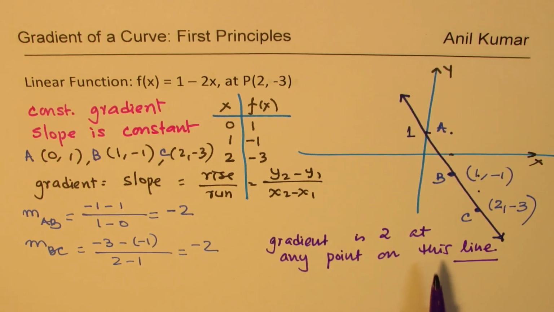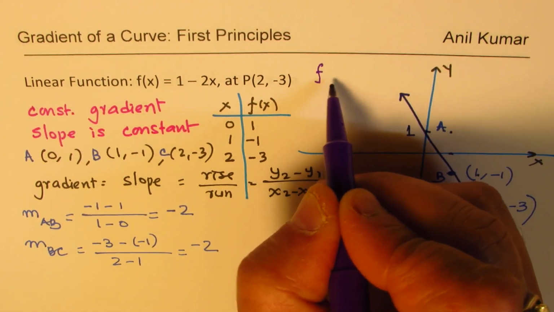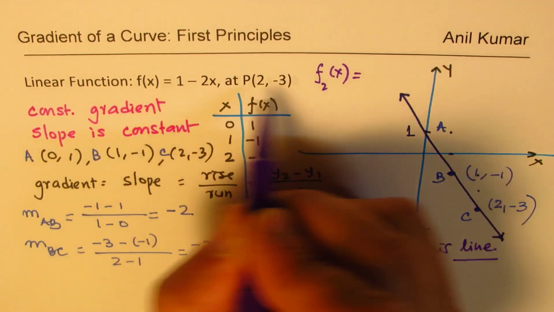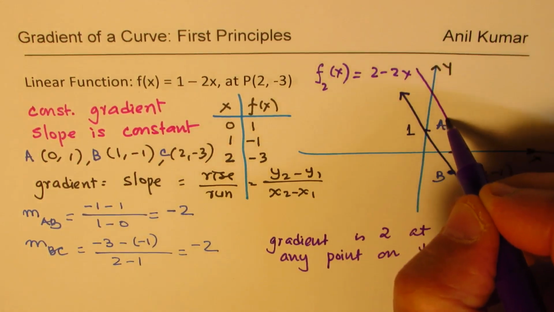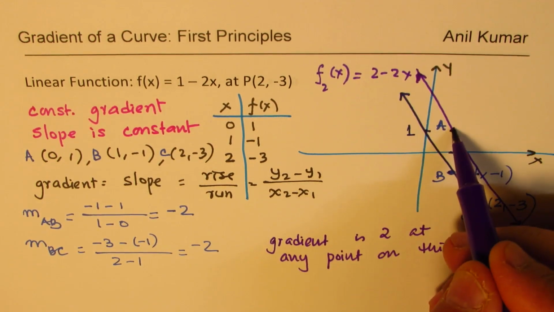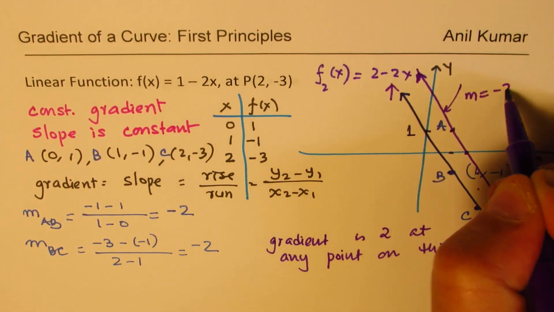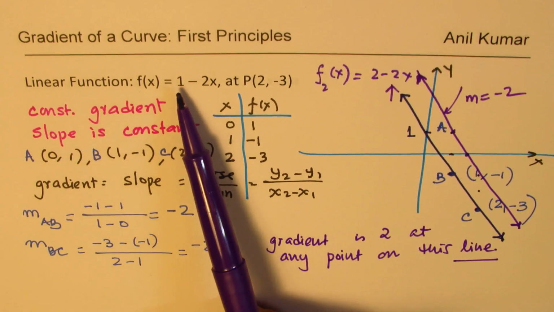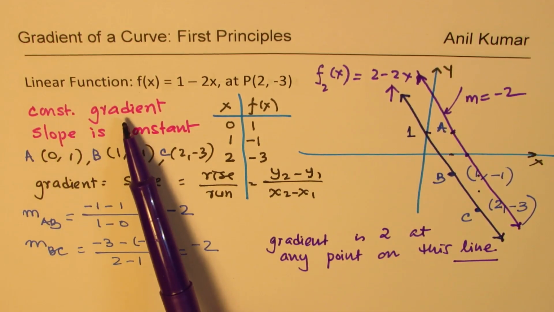In most of the functions, what you will notice is that this constant does not make a difference. If I change this constant to a new value, for example, if I write f of x as 2 minus 2x, it's a different function, right? In that case, I will get a line which will be parallel to this, correct? But all the points on this line will also have a slope m same as minus 2. So the constant value makes no difference as far as the gradient is concerned.